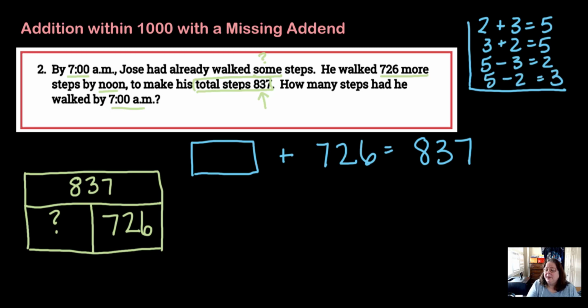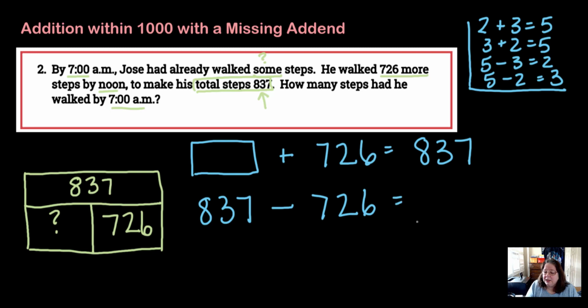Those are fact families. I can use what I know about fact families to help me solve this, because I know that if two numbers add together to equal another number, just like up here, I can take what my sum was, and I can subtract out one of the addends, and I will get my other addend.